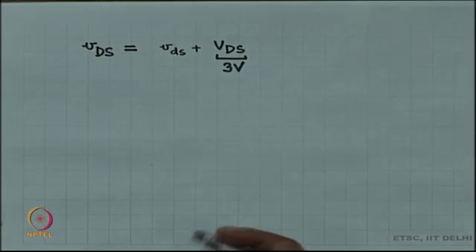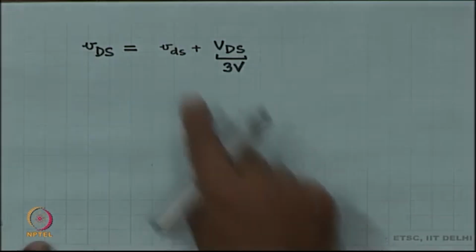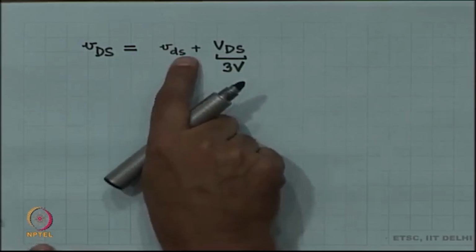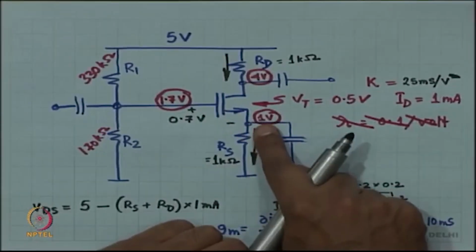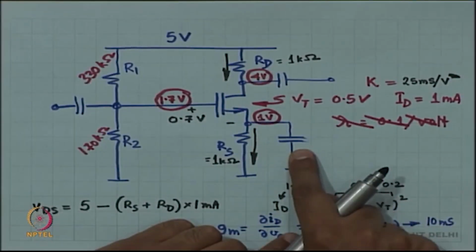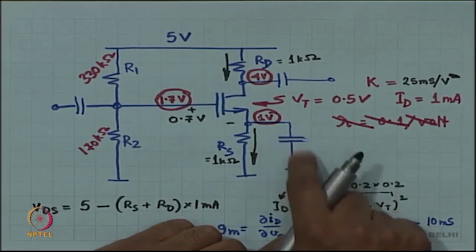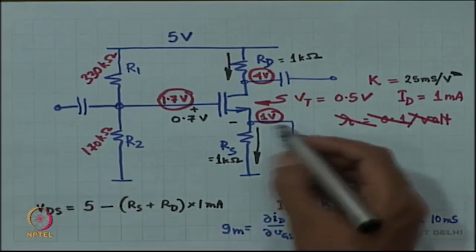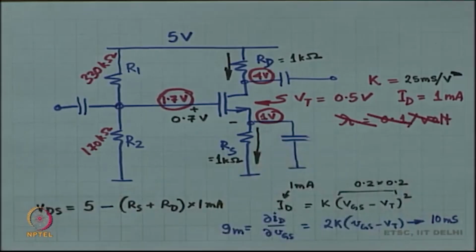Okay. So, when I am changing incrementally, when VDS is changing, by the way, what is small Vs? Small Vs is 0, because this capacitor takes all the incremental current. Okay, this capacitor is a short circuit for incremental current.